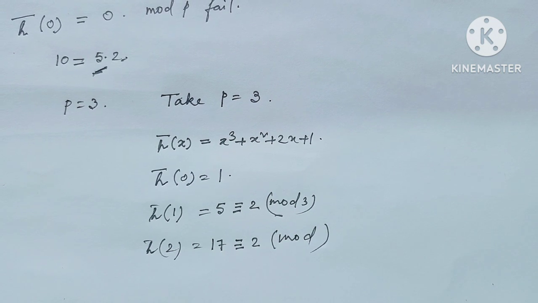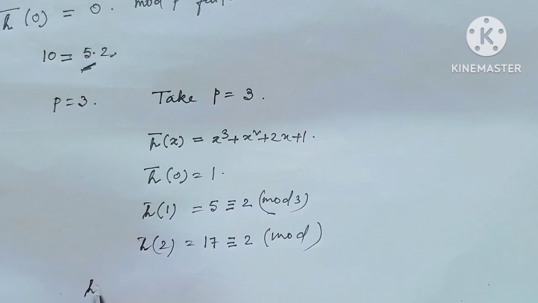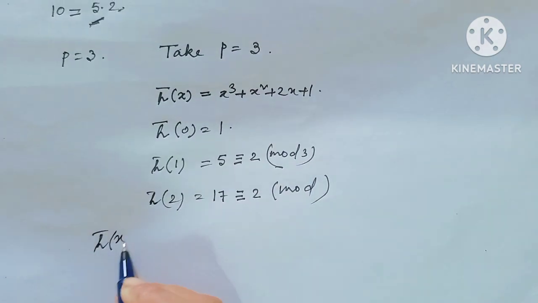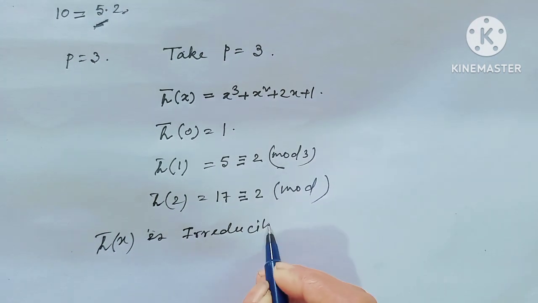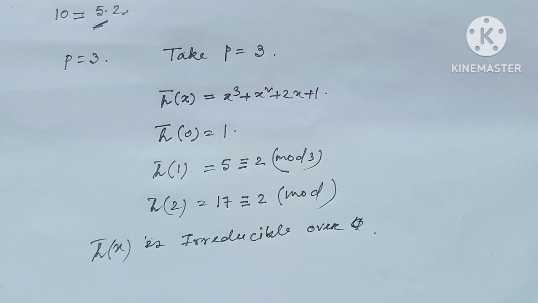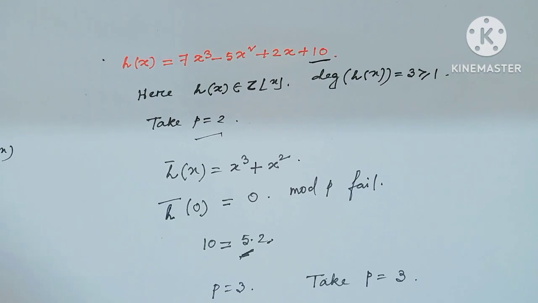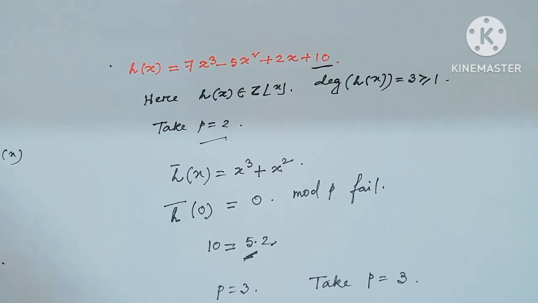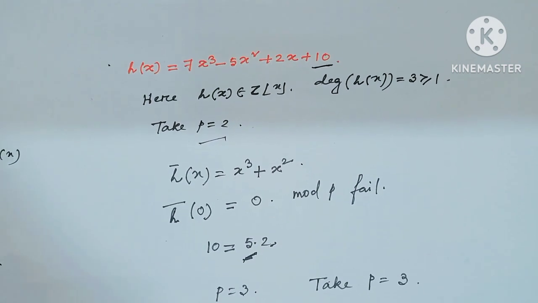Since in mod 3 h bar has no root, the polynomial h bar(x) is irreducible, and so h is irreducible over Q. I hope all my viewers have understood how to solve the mod p irreducibility test.